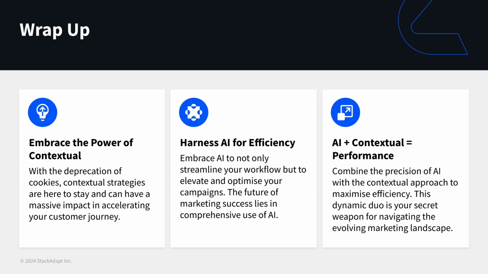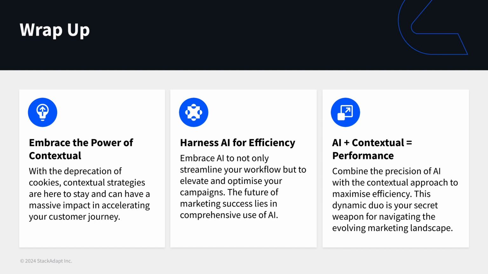So here we are at the three main takeaways that we would like to leave you with at the end of this webinar. The first one is that contextual strategies are here to stay, especially with cookie deprecation. Contextual strategies are our best tool to keep our strategies personalized and flexible.